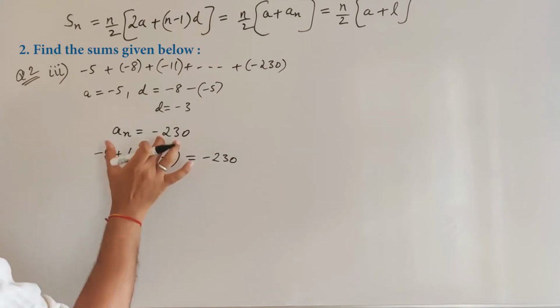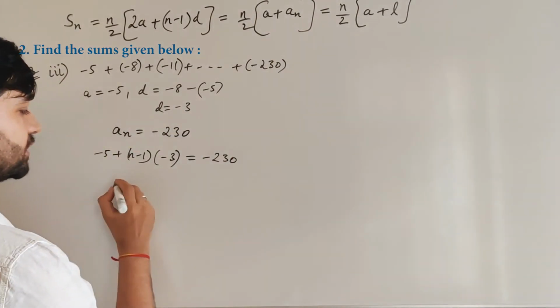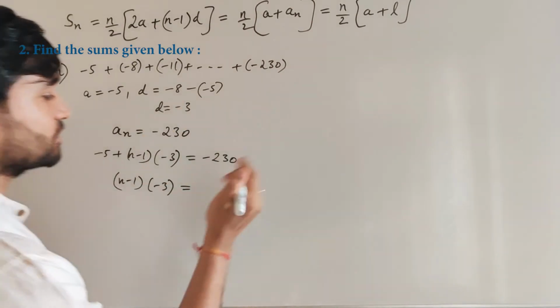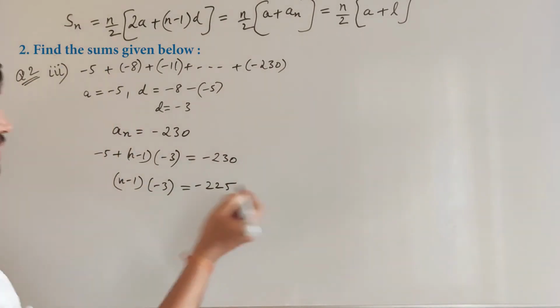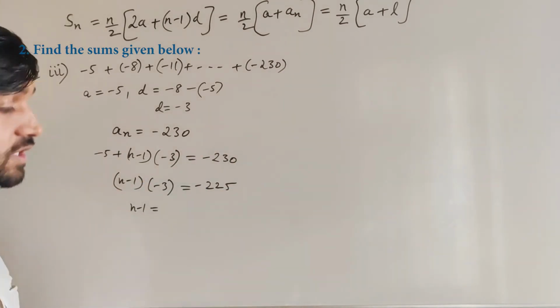Minus 5 becomes plus 5, so n minus 1 into minus 3 is equal to minus 230 plus 5, which is minus 225. This minus 3 is multiplication, so when it goes to the other side, it becomes division.